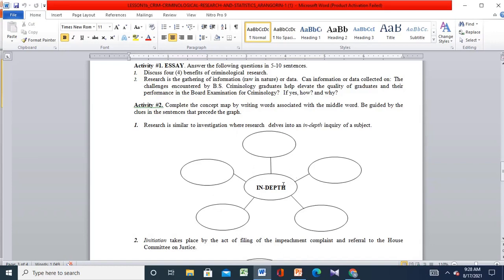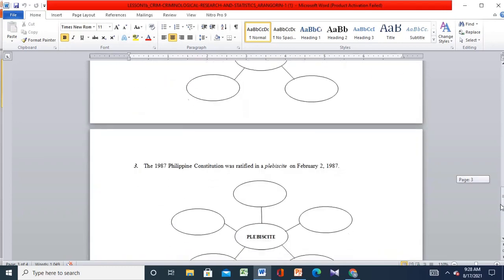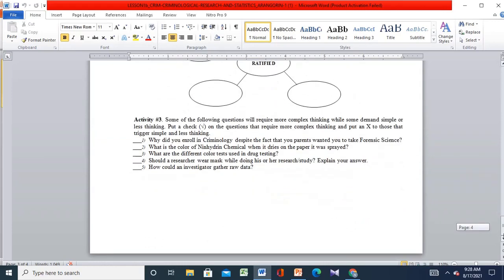You write words that are associated with the middle word. Alright? In activity 2, there are 1, 2, 3, 4 items, and of course the last activity is kind of true or false type, but you will check the statement or the question.